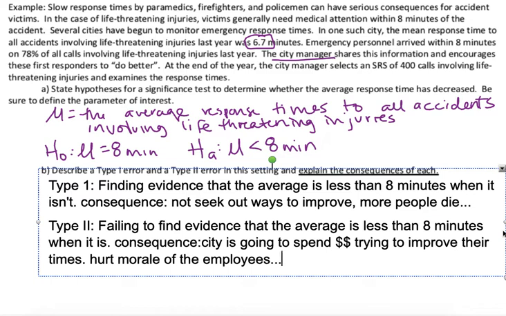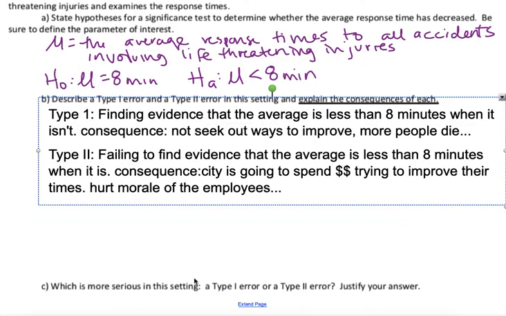They're going to have people that succumb to their life-threatening injuries more often. So that's the last part, part C, which is more serious. Obviously, in this case, the consequence of people dying or succumbing to life-threatening injuries is going to be the more serious one.